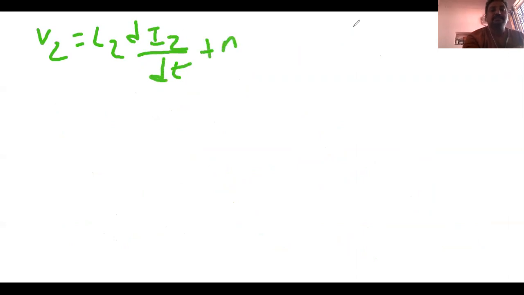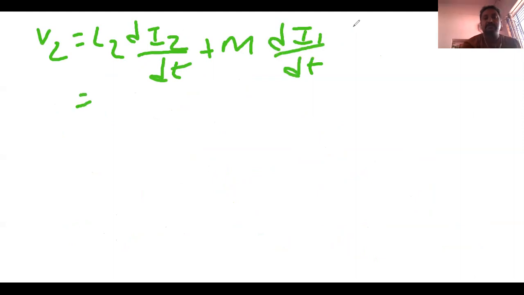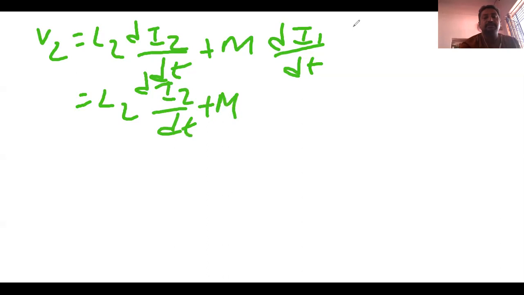So that is nothing but V2 is equal to L2 into di2 by dt plus M into di1 by dt. So now you substitute here L2 into di2 by dt, then M into d by dt of I1, which is I minus I2.